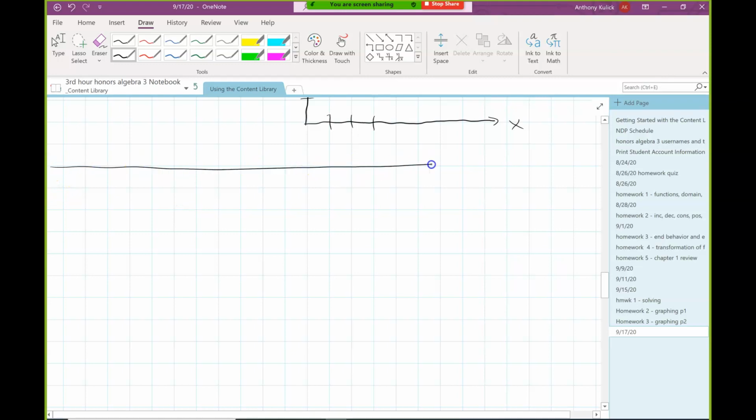The last skill that we need to talk about for this chapter is this idea of modeling.